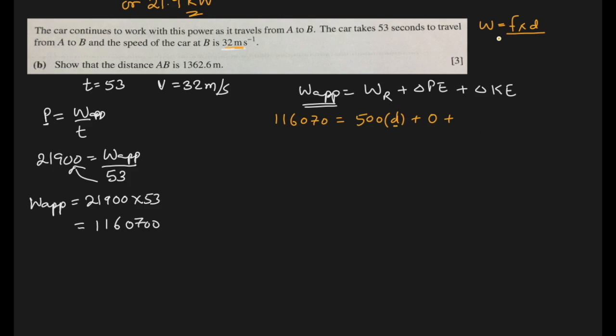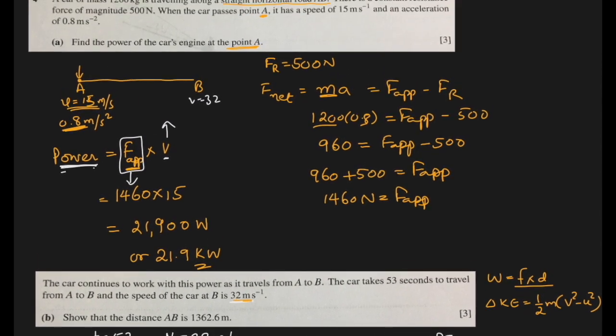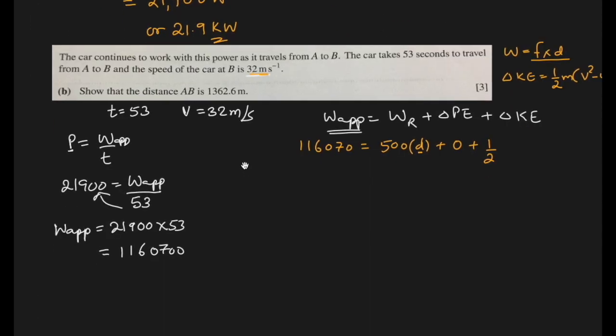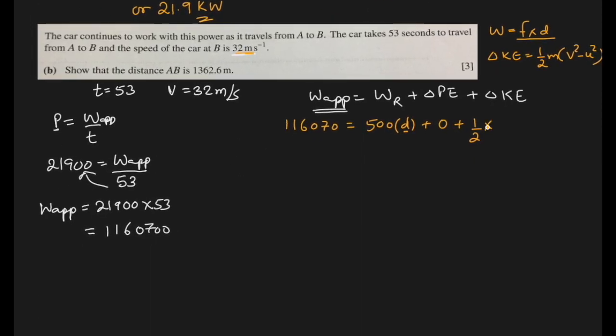So if you remember, we did in previous question number 1, I think, delta KE is half m times v square minus u square. So half m, and the mass is how much? 1200, yes, 1200 is the mass. So times 1200, 32 square minus 15 square.